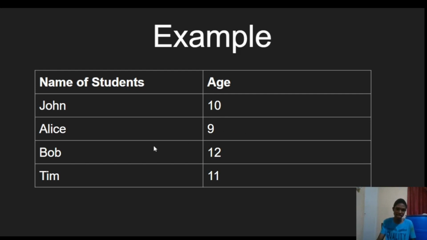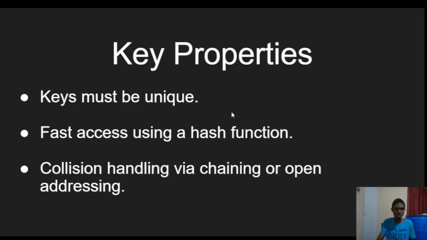Alice is 9, Bob is 12, Tim is 11. So you guys can simply think of a hash table, hash map, or hash set as just a regular table in which a key or a name is mapped to a value.